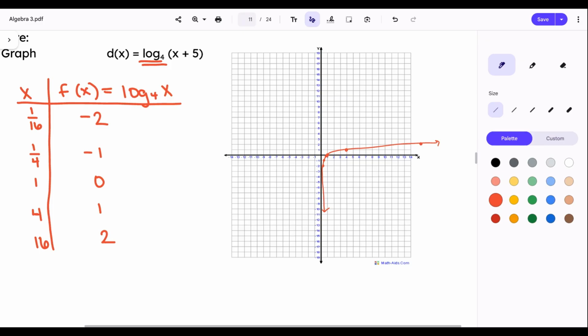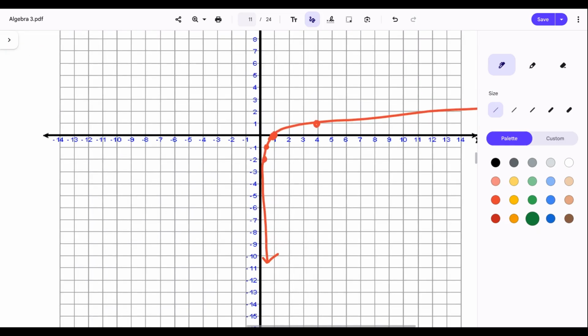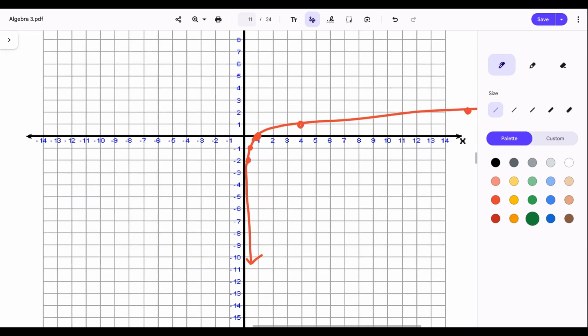Now take a look at your new one up here. What is this going to force it to do? What's that +5 going to make it do? Yeah, this time it's going to make all those points move left 5. So on my graph, all these points need to go left 5. If I count, even just from my original points, I would go 1, 2, 3, 4, 5. I'm starting on the far right point there. 1, 2, 3, 4, 5.